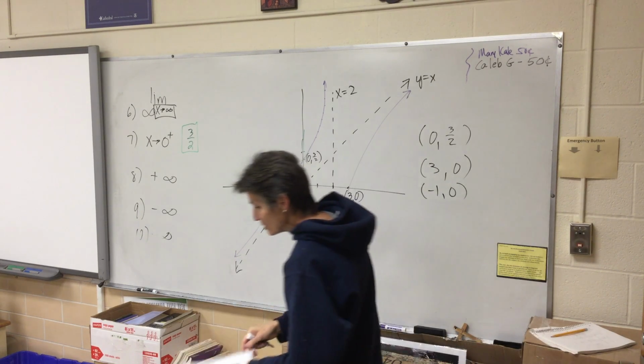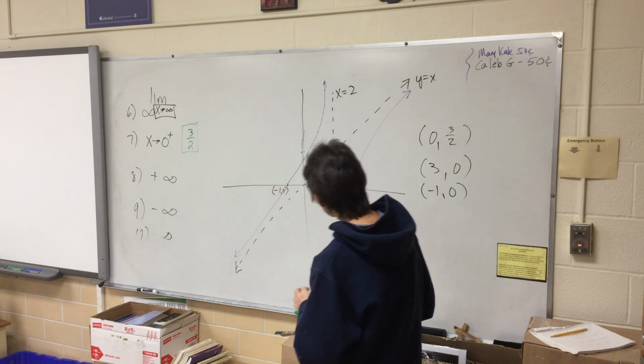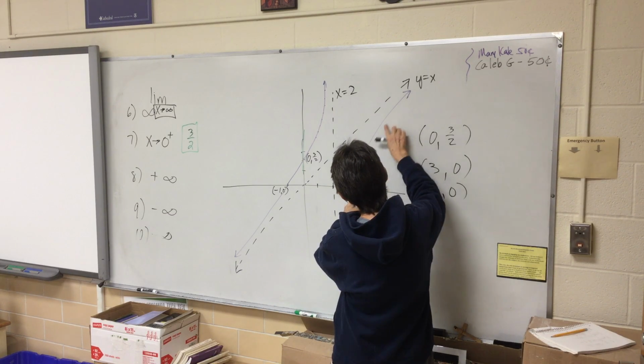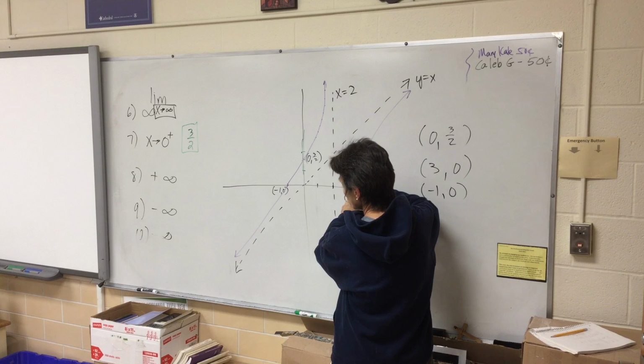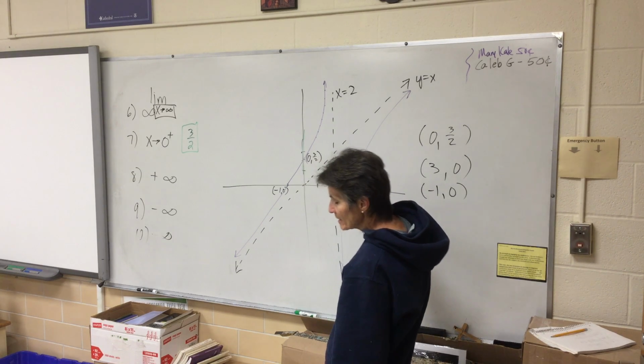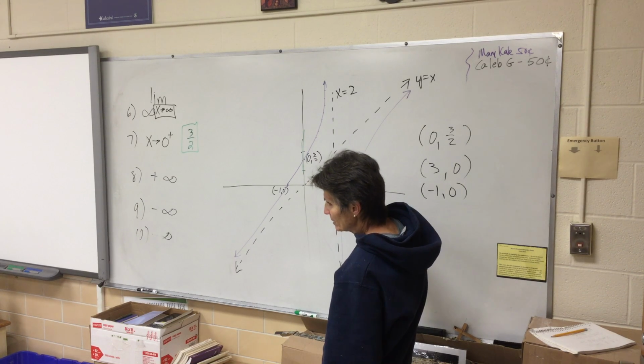Now, 11 and 12, x is approaching 3. In 11, we're approaching from the left. In 12, we're approaching from the right. But since 3 has a point, does it really matter which side I'm coming at it from?